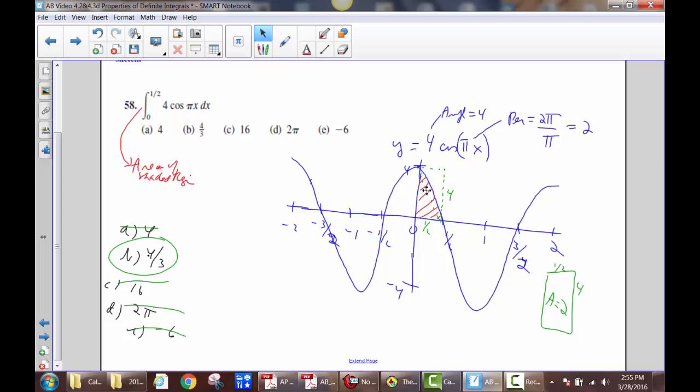If you drew the diagonal, you could see that half of the area of that rectangle would be 1. And our red region is a tiny bit more than that half rectangle. So our answer should be a little bit more than 1. Notice the answers: 4, 1 1/3, 16, 6.28, and -6. It would have to be answer B.